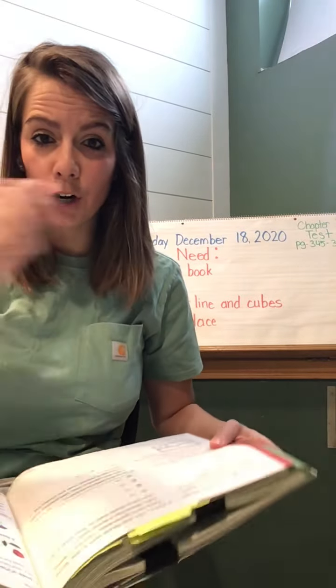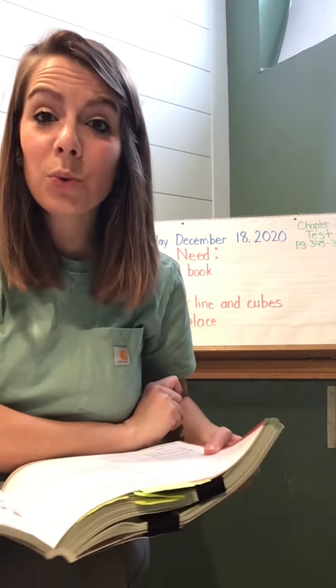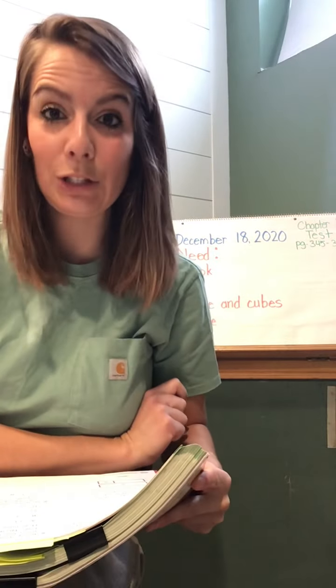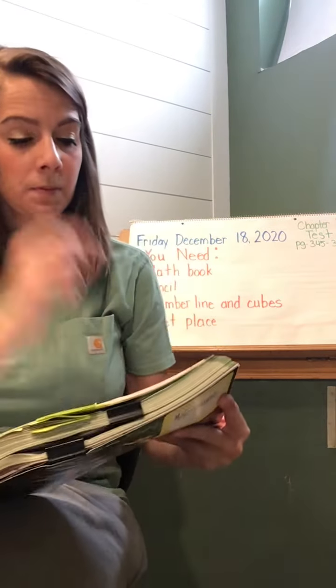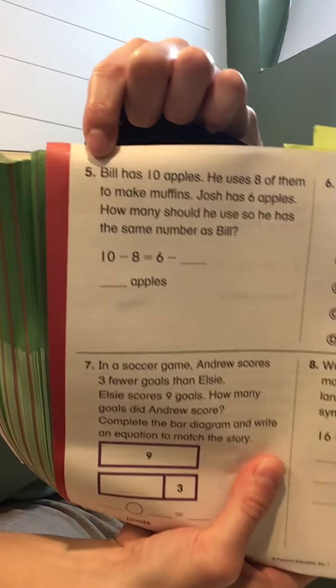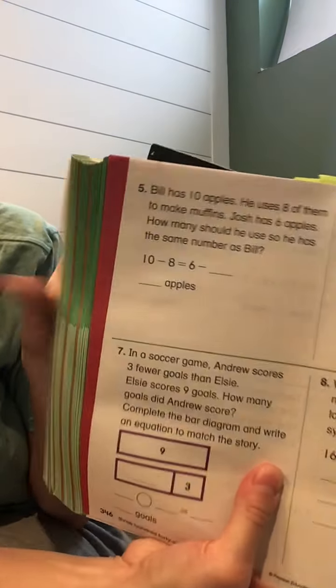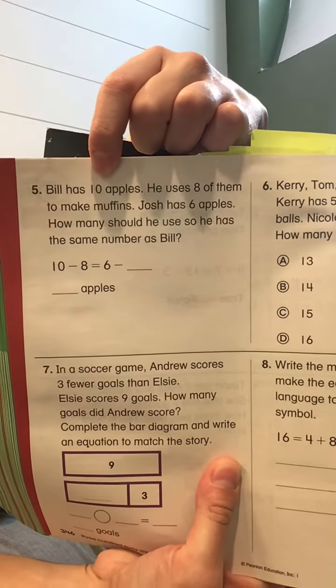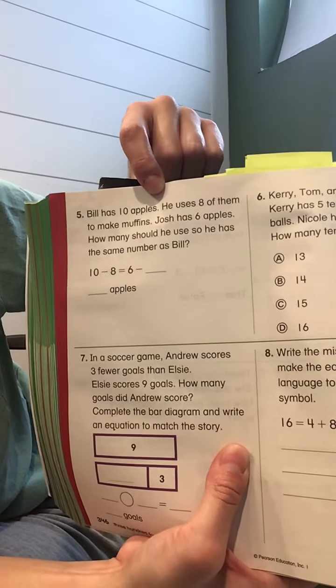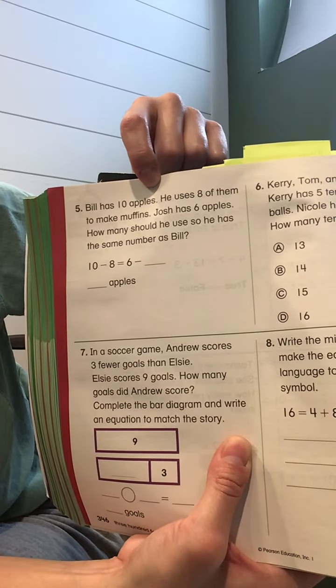Now I'm going to turn the page to page 346. All right, number 5 is at the top. Number 5 says, Bill has 10 apples. He uses 8 of them to make muffins.